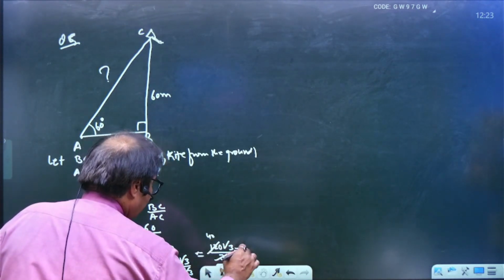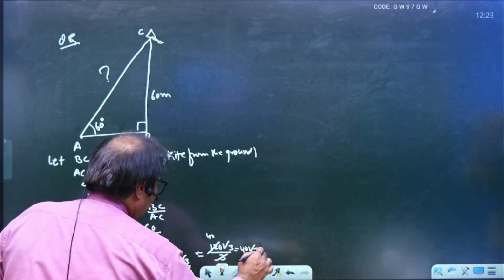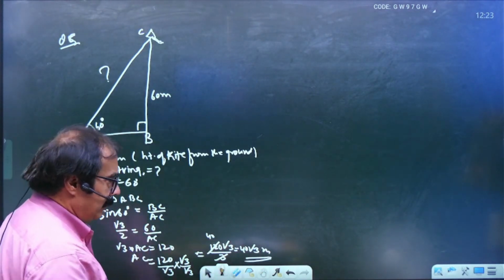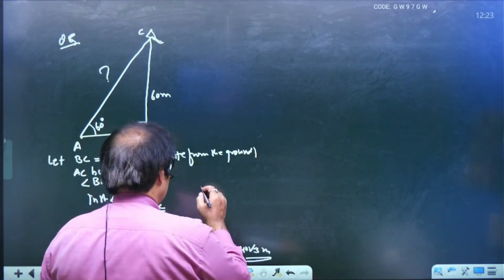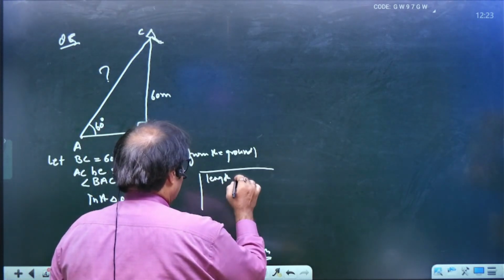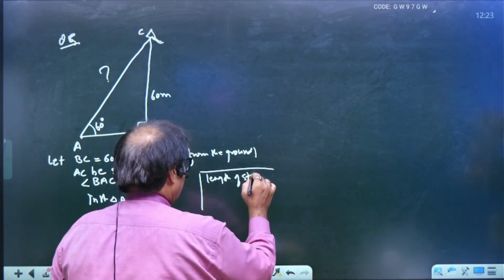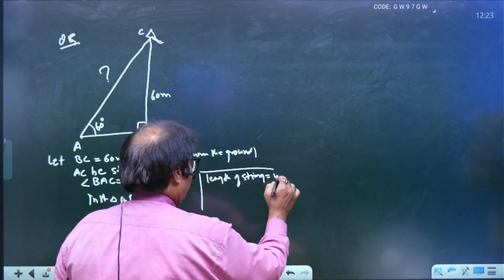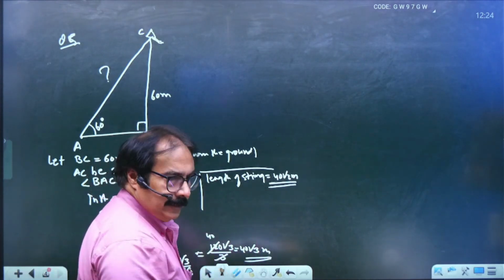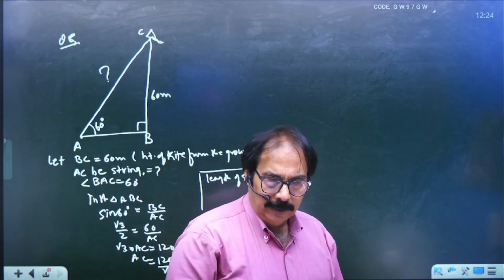So what is left? 40 root 3 meter. So this is the length of the string. So in the last, finally you may write, hence length of a string is equals to 40 root 3 meter, and this is the full and final answer.